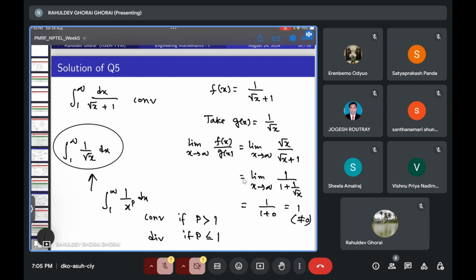And here p is equal to half, which is less than 1. So this one diverges, so this one will also diverge. So the integration from 1 to infinity dx over square root of x plus 1 is divergent. Okay.